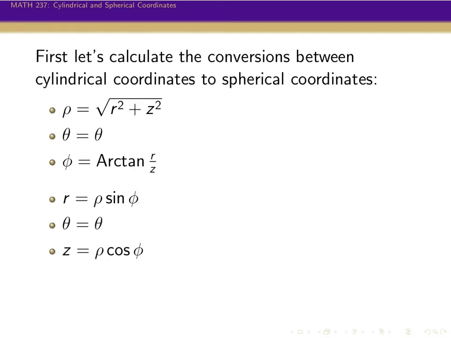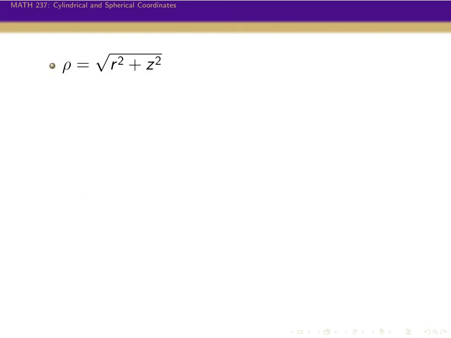Okay, so now that we have this conversion into cylindrical, now we can use that we know what cylindrical is to get things in terms of x, y, and z. So what do I mean by that? So rho is equal to the square root of r squared plus z squared. Well, r squared, that is x squared plus y squared.